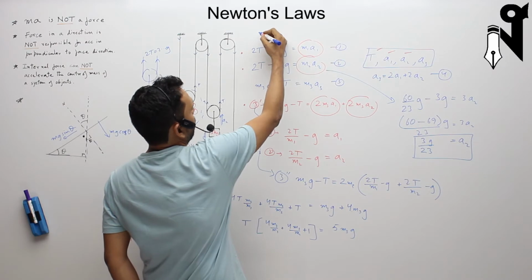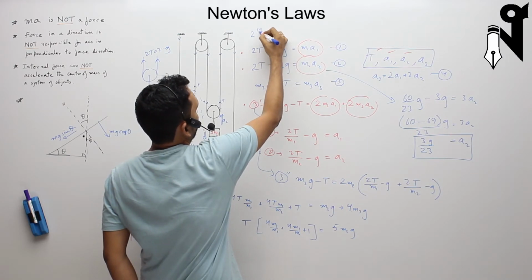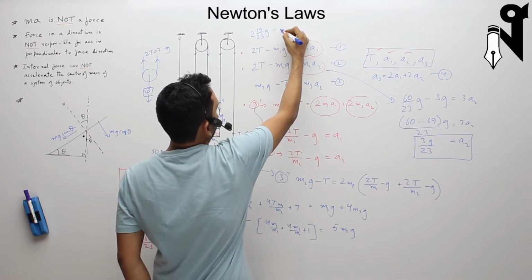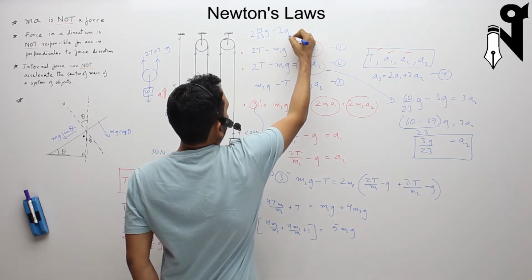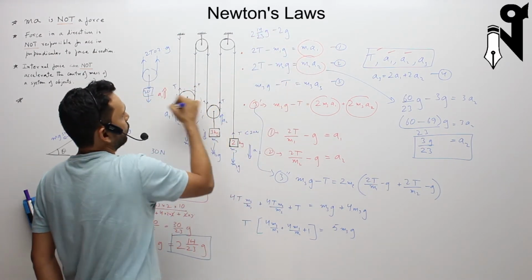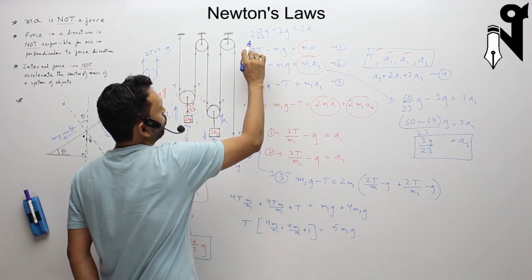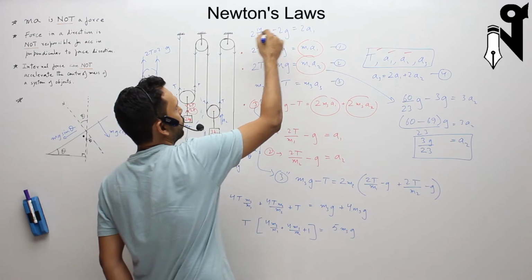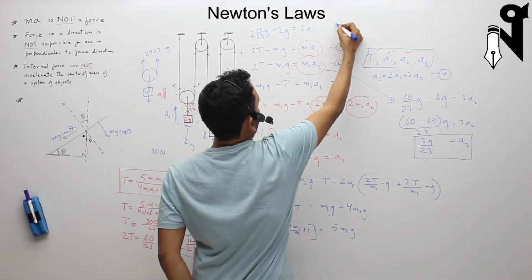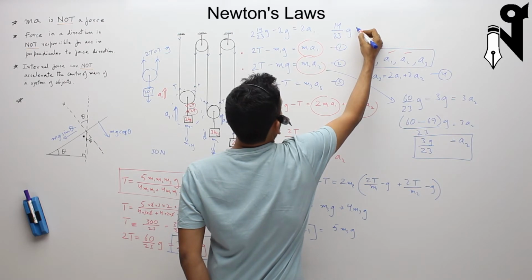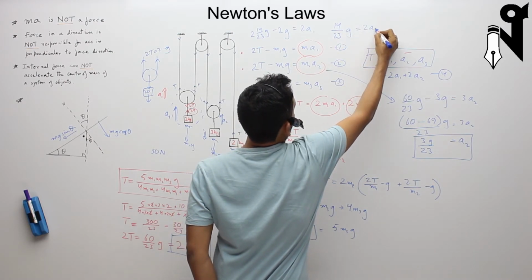So this 14 by 23 G, which was 2T minus 2G, is the net force over here, equal to 2A1. So 14 by 23 G is equal to 2A1.